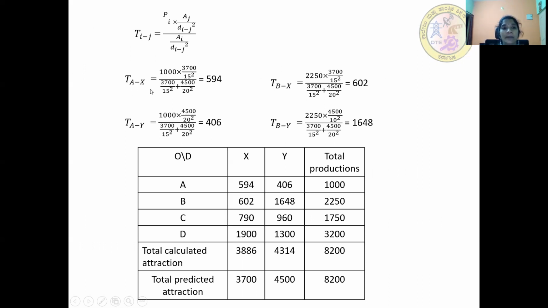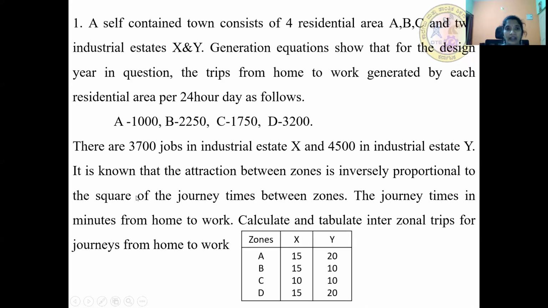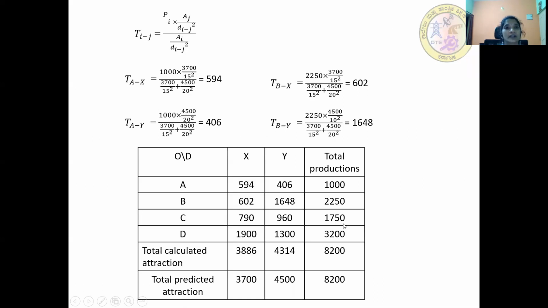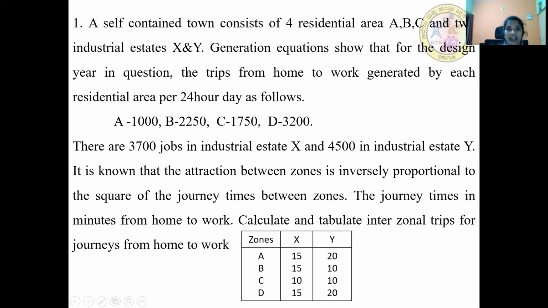So here, trips from A to X. You have A that is 1000, and the attraction in the case of X is 3700 jobs.